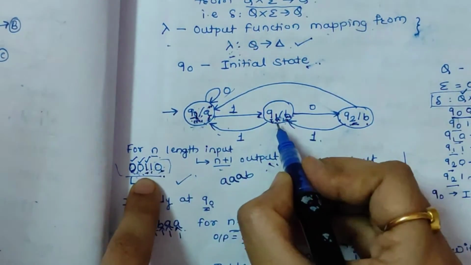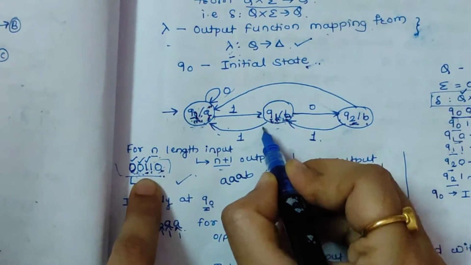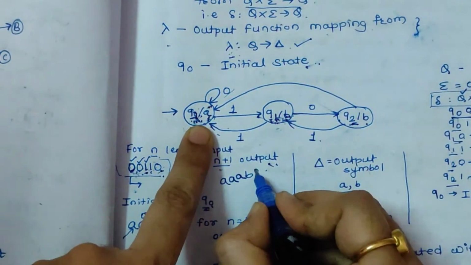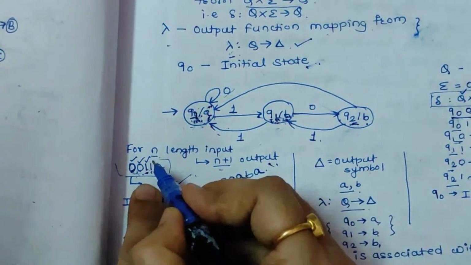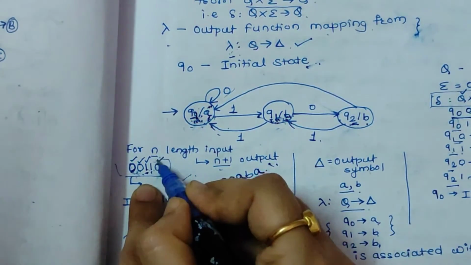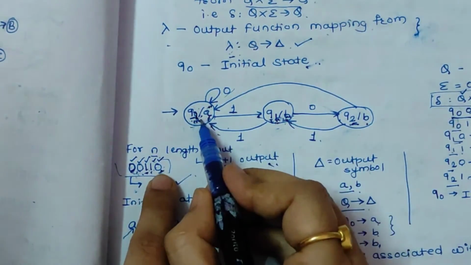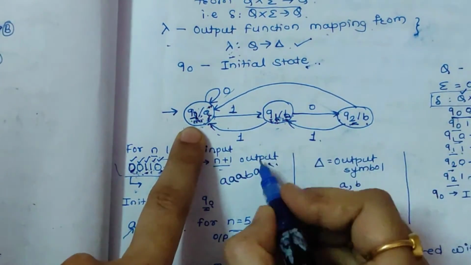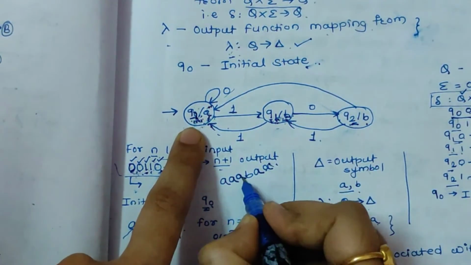Next is again 1. So in state q1, if we give input 1, we are in state q0 and the output associated with q0 will be A. Now only the last symbol is to be processed, that is 0. So in state q0, if we give input 0, we will get output A. That is 1, 2, 3, 4, 5, 6.